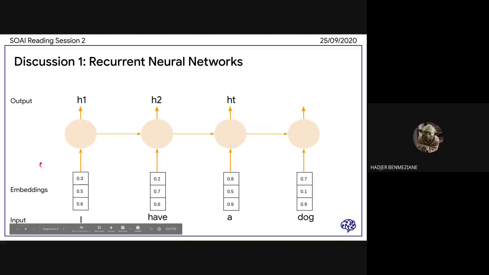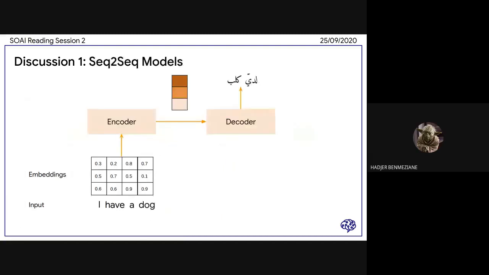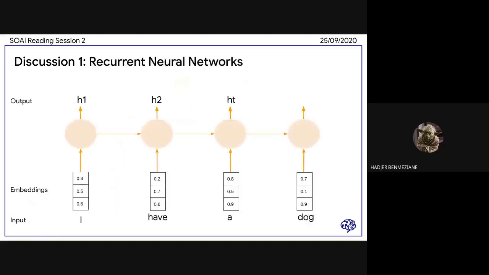The idea of the embeddings is that we must have a good embedding, so that, for example, the distance between man and king is the same as the distance between woman and queen.